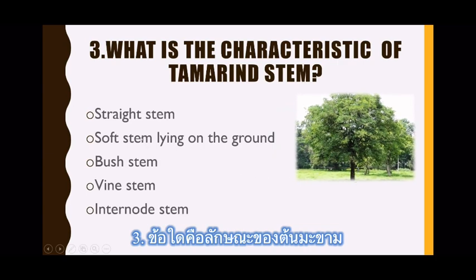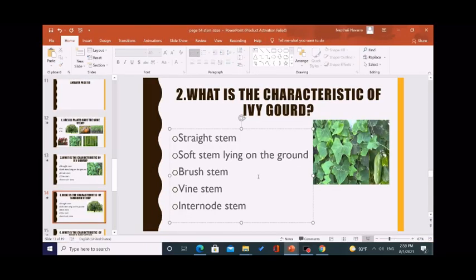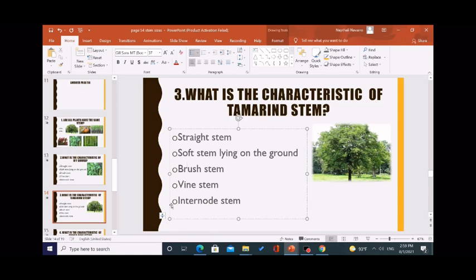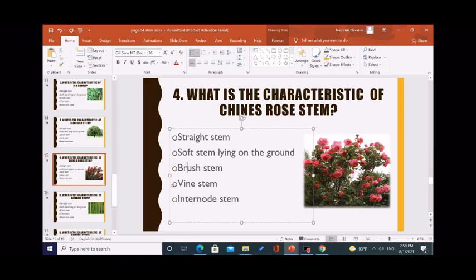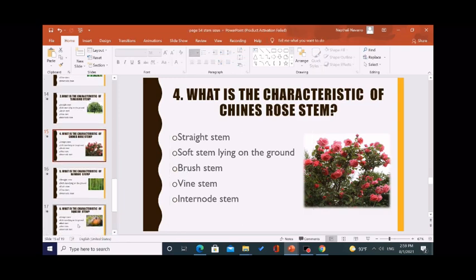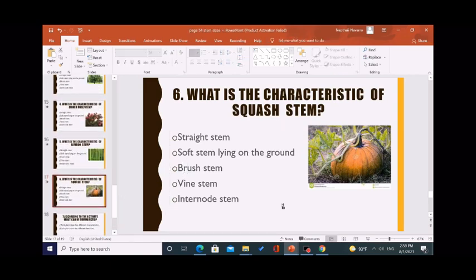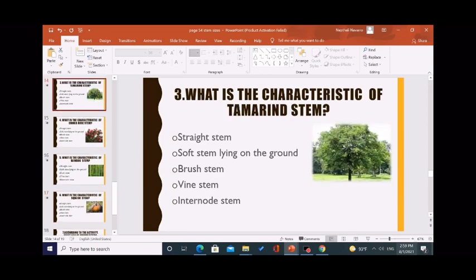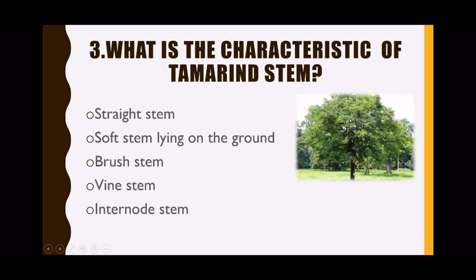Number 3. What is the characteristic of tamarind stem? Is it straight stem, soft stem, brush stem, vine stem, internode stem?